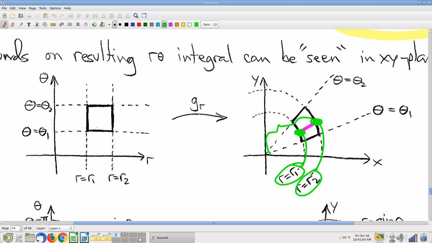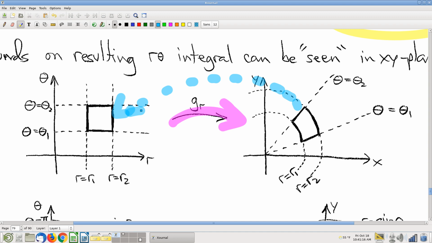So the big revelation is, even though I know that, in the big picture, I am actually doing a change of variables, I am taking an integral and pulling it back into the r theta plane, I don't even actually need to draw the picture of the pullback domain. Everything I need to know about that pullback domain, I can see right here, already existing in the xy plane.